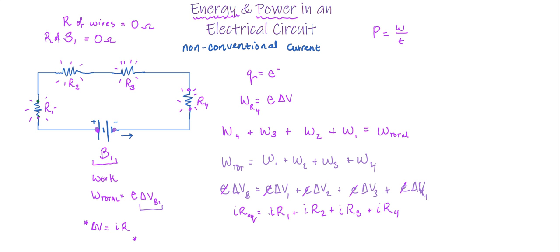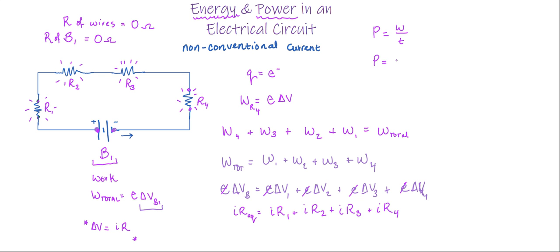Now we can see here that we've included some element that might be useful for looking at the power because it includes something about time. So if we look at this idea here for power, we might write it something like this.